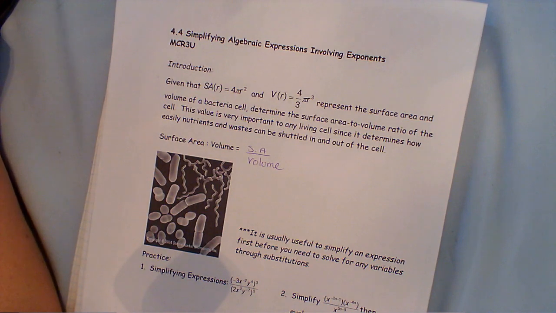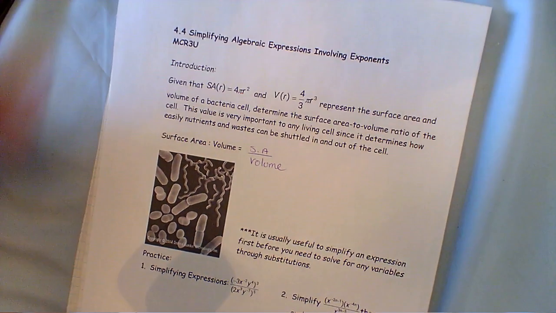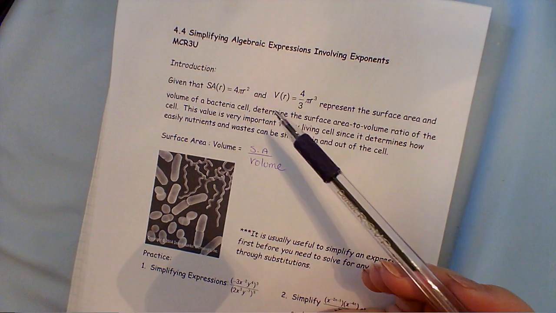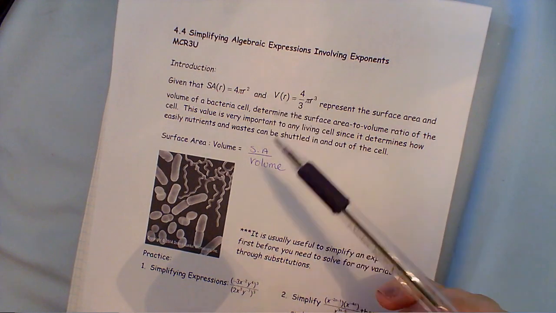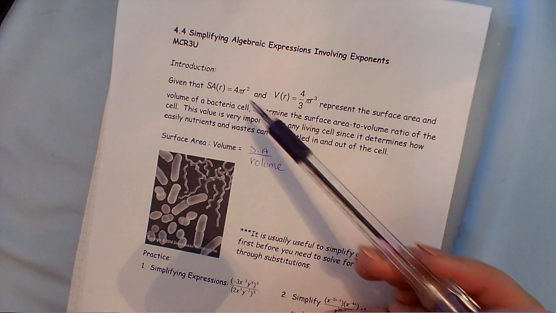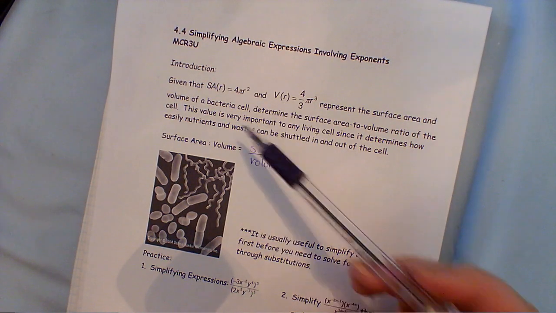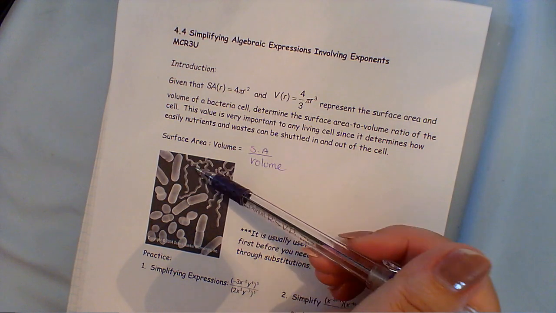One of the ways in our intro in this lesson is we can put 2 expressions back to back, and that is called a ratio. One of the more common ratios in science and biology specifically is surface area to volume. When you have a cell, it needs to not only get in nutrients, but it also needs to expel wastes.